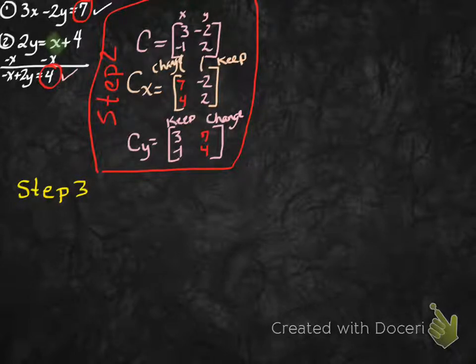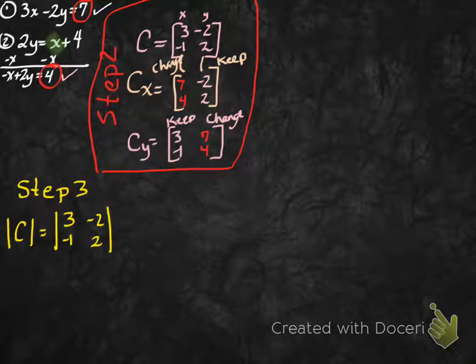When I find the discriminant of each of those, I'm first going to find the discriminant of the C. So when I do the C discriminant, that means that I am going to take the 3 and negative 2, negative 1 and 2, and I'm going to do the downs minus ups.